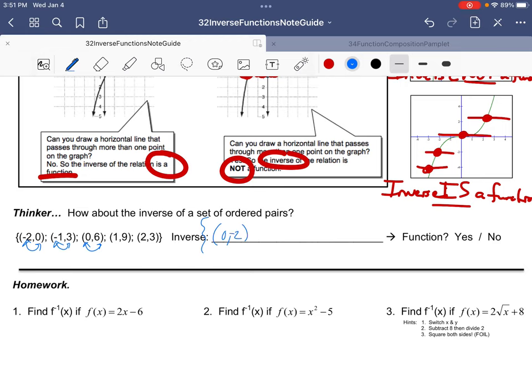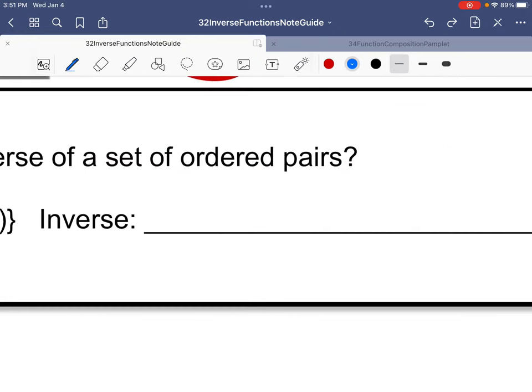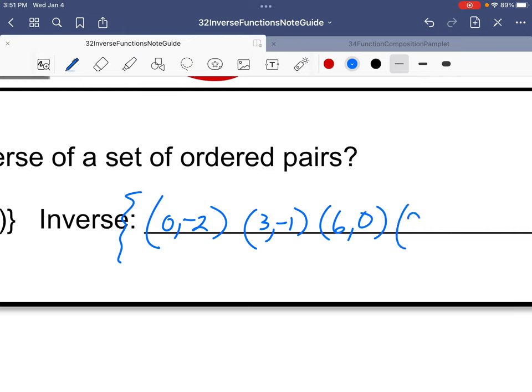So now we have (0, -2). Now we have, I'm going to have to zoom in here a little bit. Now we have (0, -2). Now we have (3, -1). Now we have (6, 0), and (9, 1), and (3, 2).